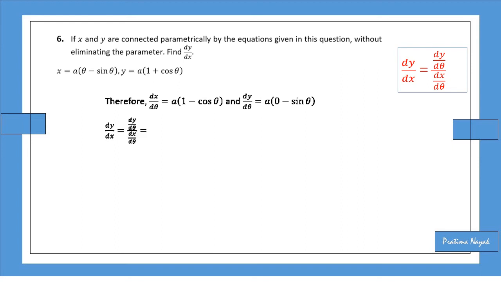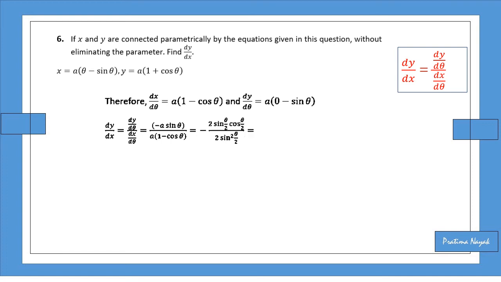Now dy by dx is equal to dy by d theta upon dx by d theta. So minus a sin theta upon a into (1 minus cos theta). So a will be cancelled, but here we'll simplify a little bit. How? We'll put sin theta is equal to 2 sin theta by 2 cos theta by 2, and 1 minus cos theta we'll put 2 sin square theta by 2.